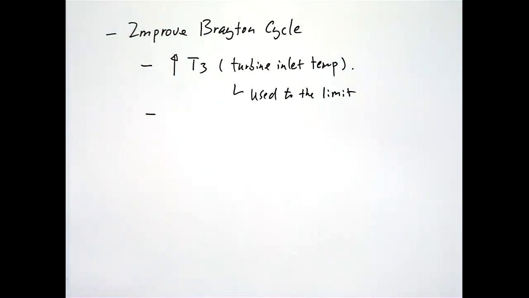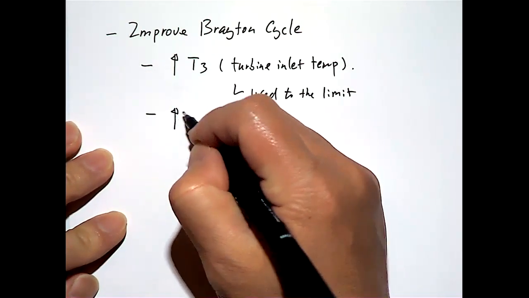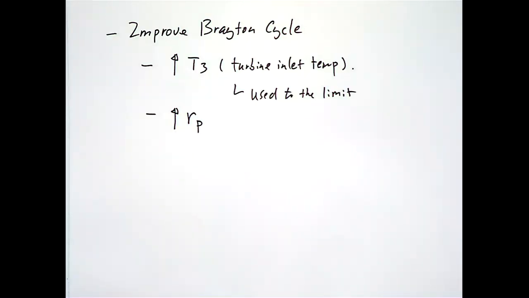Another one, based on the equation that we derived for the cycle efficiency of the Brayton cycle, is that if we increase the pressure ratio at the compressor, just from the equation we can directly tell that a higher efficiency can be obtained.